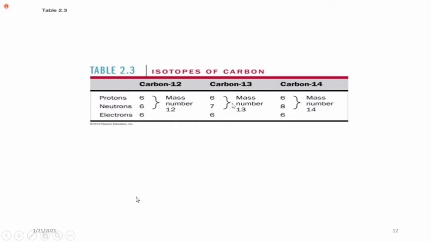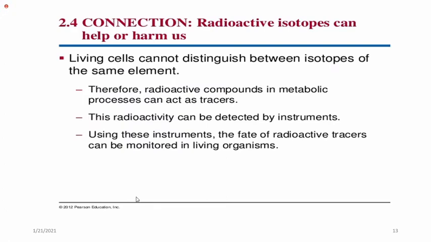Out of these, carbon 14 is a radioactive isotope of carbon, right? So this is how these radioactive isotopes are connected to your life. The radioactive isotopes are helpful as well as harmful to animals.